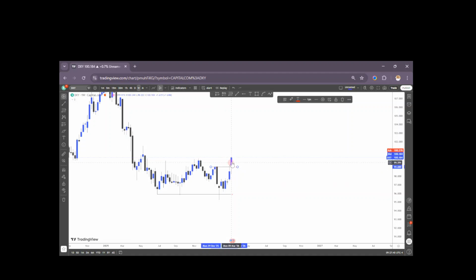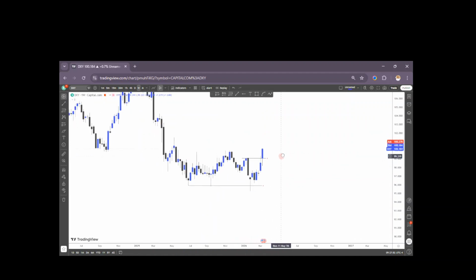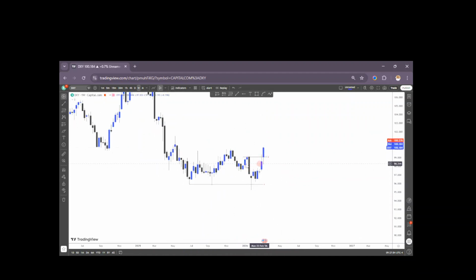At the beginning of the week that has just ended, we didn't know the direction of the market. We had to wait for Monday to close so that we could know where the market was headed.